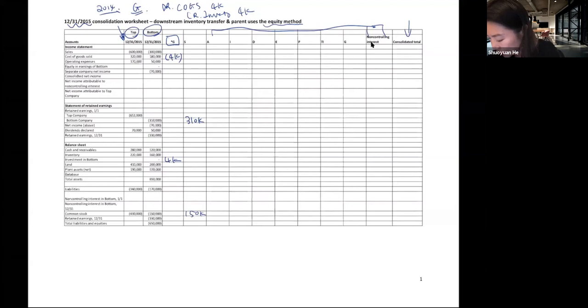So the investment account goes down by 368,000. And the non-controlling interest is allocated 20% of this, so non-controlling interest gets 92,000. So this is consolidation entry S.